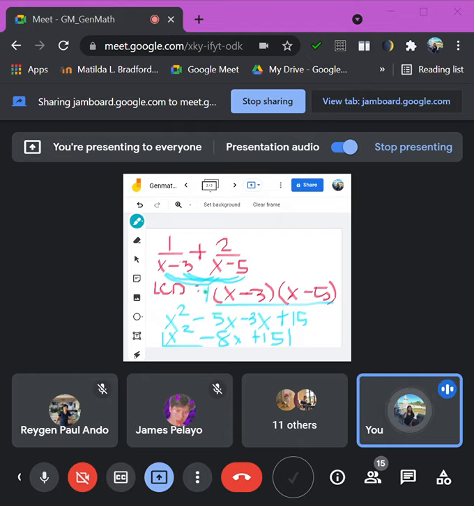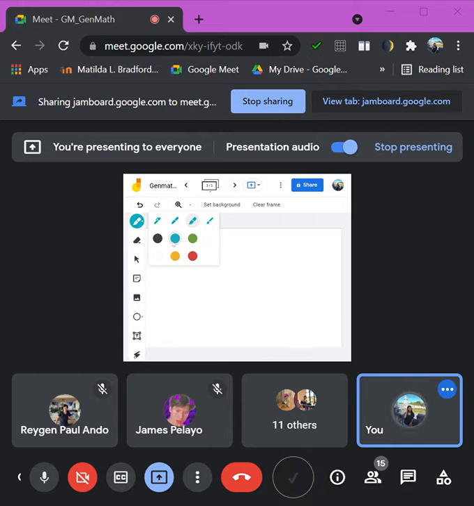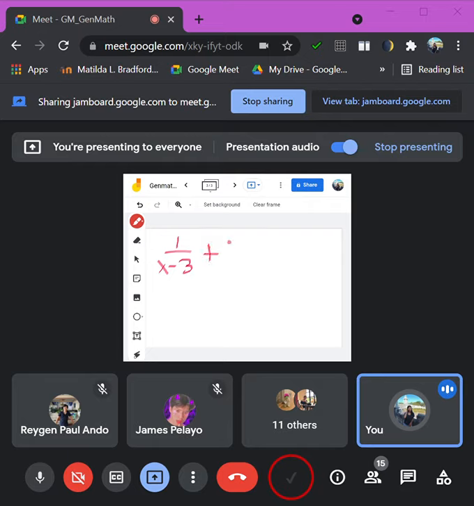Now that we have the LCD, we can proceed with the addition, transforming these into similar expressions. On the next page, you have 1 over x minus 3 plus 2 over x minus 5.